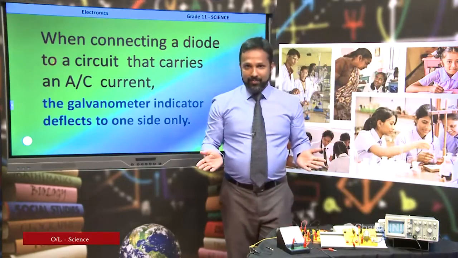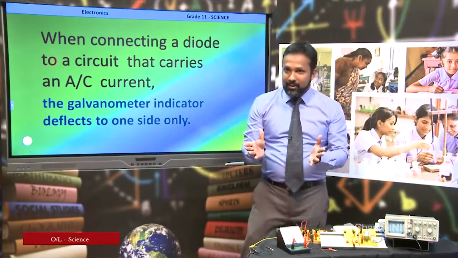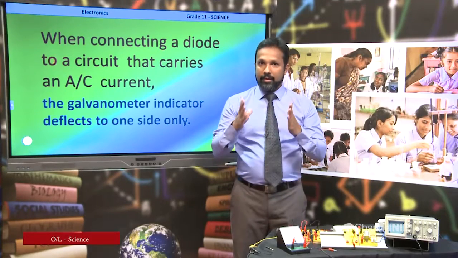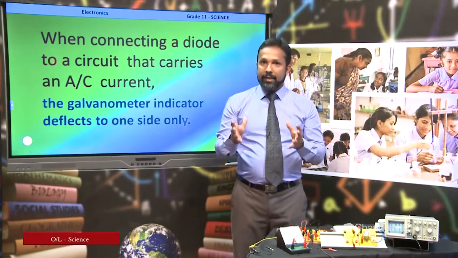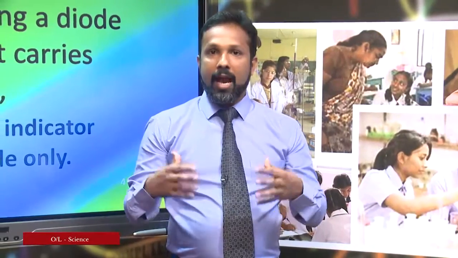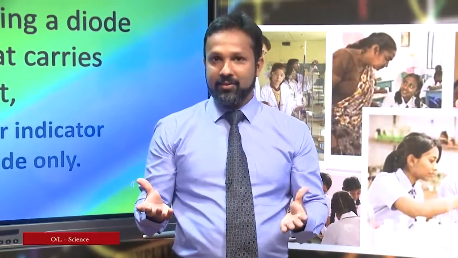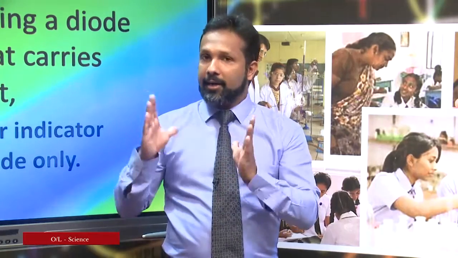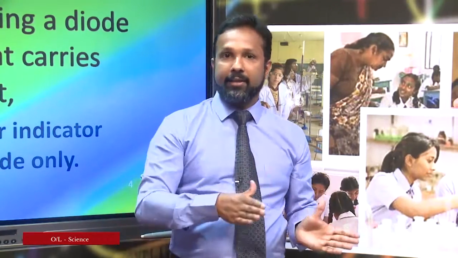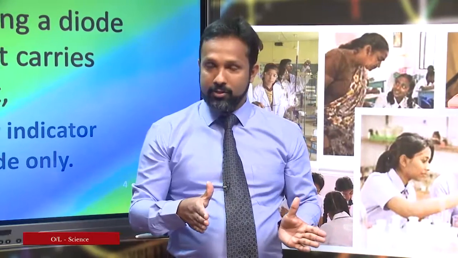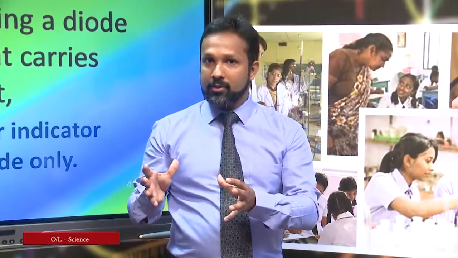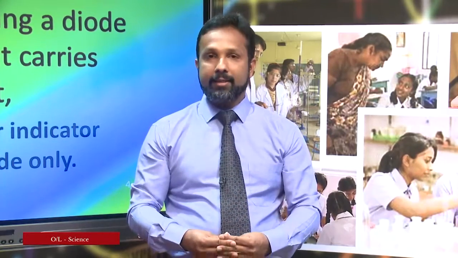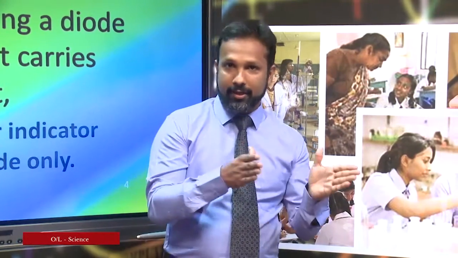My dear children, you could realize the main function of the diode. What is that? A diode is an electronic appliance which converts an alternating current into a direct current, because the diode allows only one half of the alternating current to flow through the circuit.